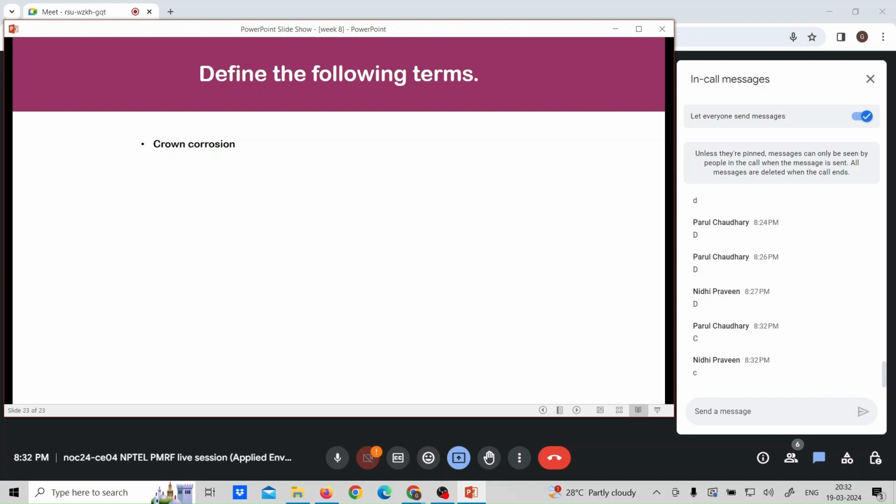So we'll just discuss a few terms for today and we'll just wind up the class. What is crown corrosion? Just give me answers quickly. Crown corrosion, where does it happen?